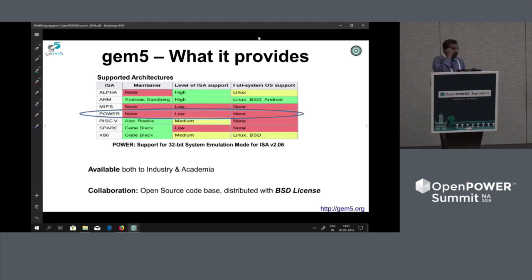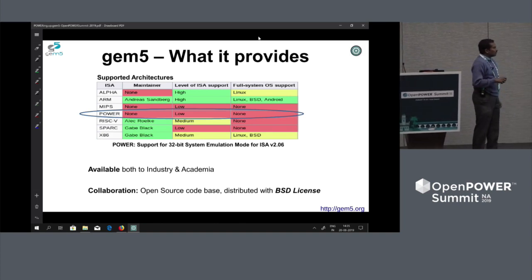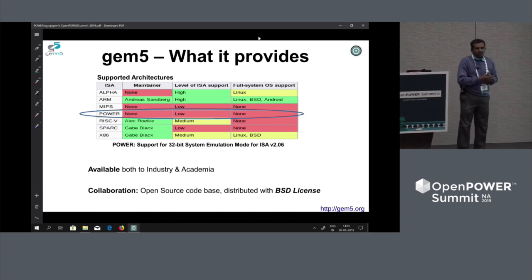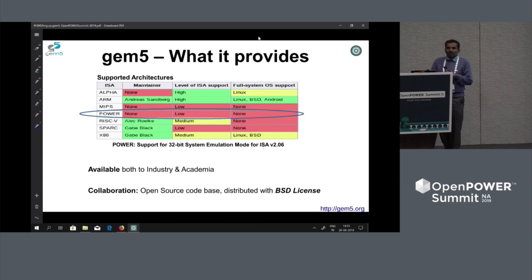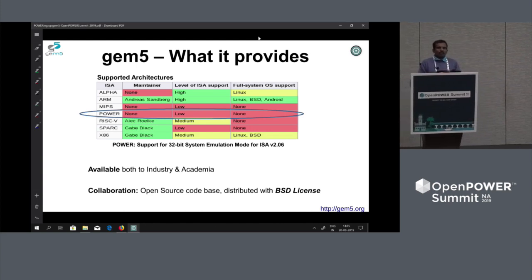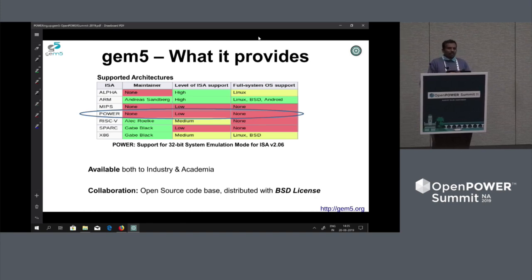So why this journey began: gem5, as I already mentioned, is popular in computer architecture circles for all the processors shown in the first column. There has been support for the others. Some of the others have been consistently worked upon, with people committing models for them.